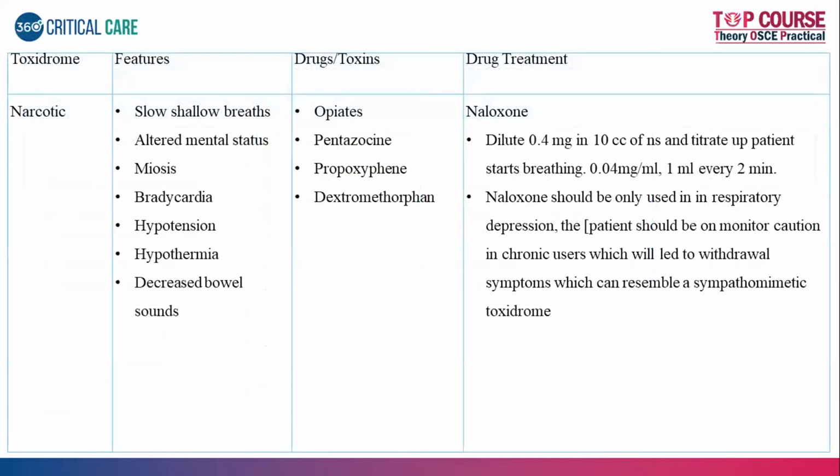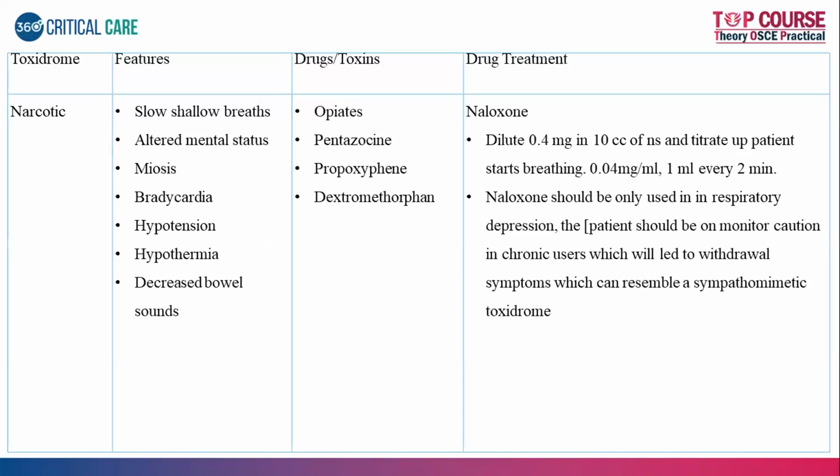Now coming to the narcotics. The most common is your opiates. These patients have shallow breathing and altered mental status. Here it causes miosis. There is bradycardia as well as hypotension, hypothermia, and decreased bowel sounds. So what is the antidote for this? It is naloxone. And how to give naloxone?